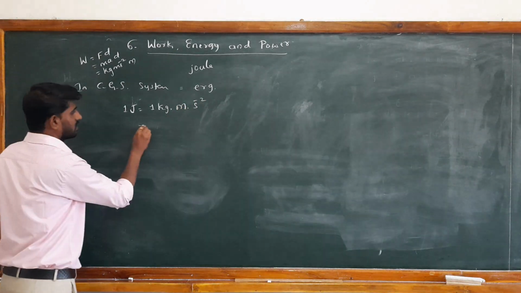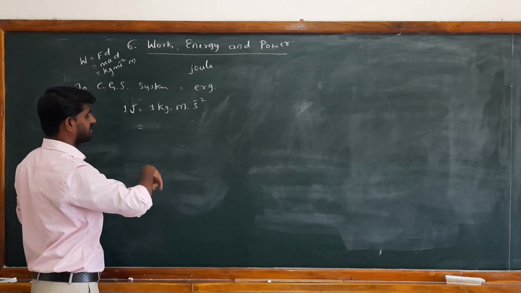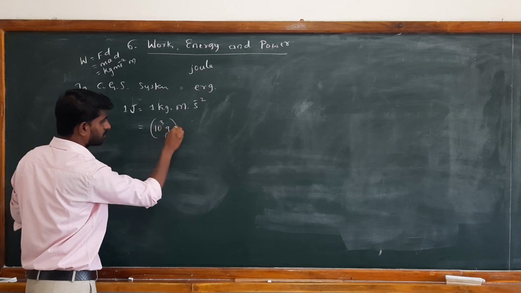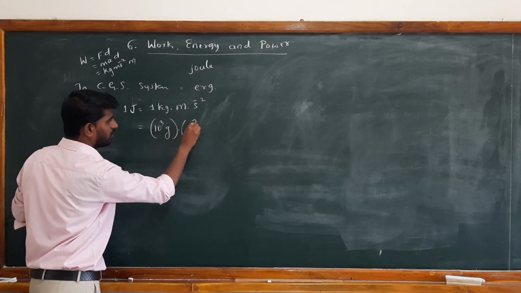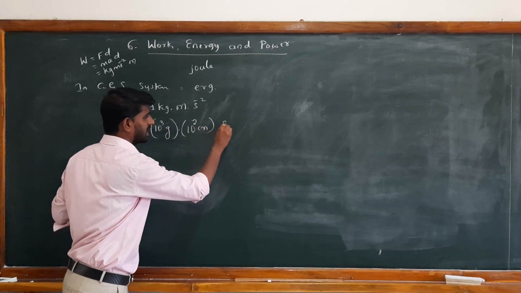1 joule means, now convert these SI units into CGS system. 1 kg means 10 to the power 3 gram. 1 meter means 10 to the power 2 centimeter, that is 100 centimeter. Second square as it is.